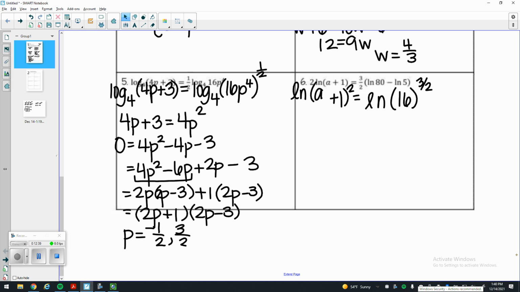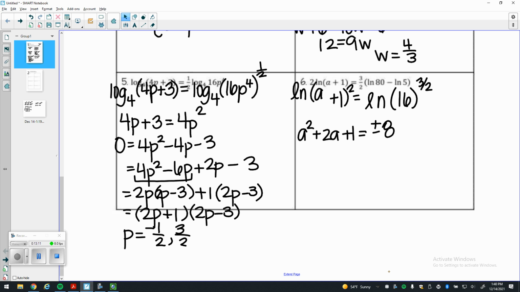So that, okay, this becomes... You cannot distribute that exponent. You have to FOIL it. You have to do a plus 1 times a plus 1.